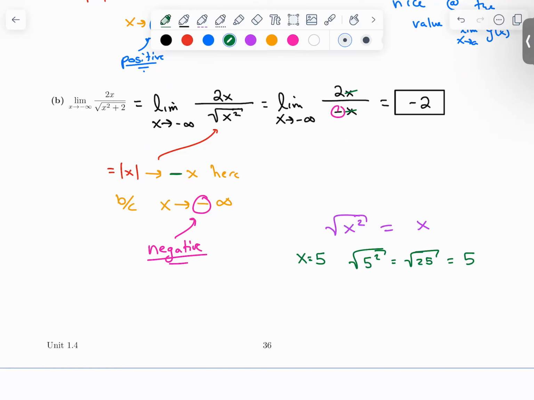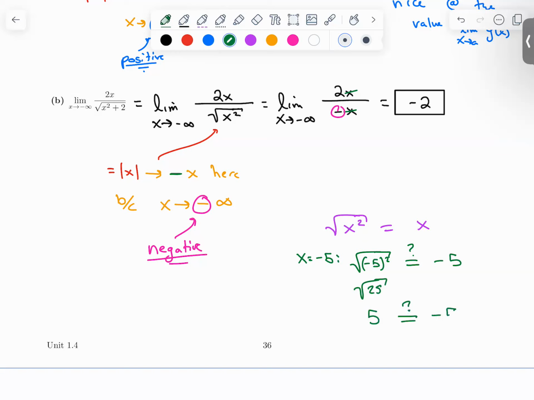Fine. But what ends up being a problem is the negative numbers. If I try and plug in -5, it won't be a solution to this expression, because you'll get the square root of -5 squared. Does that equal -5? When I plug in -5 for x, do I get a true statement? And I won't, because this will be the square root of 25, which is +5.